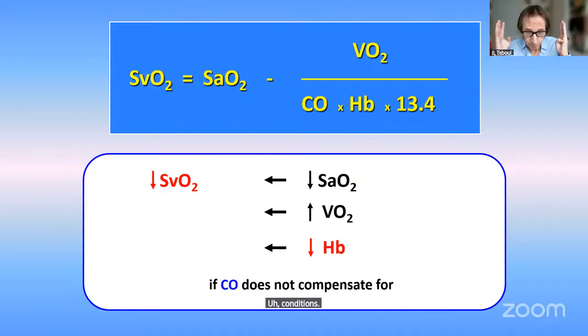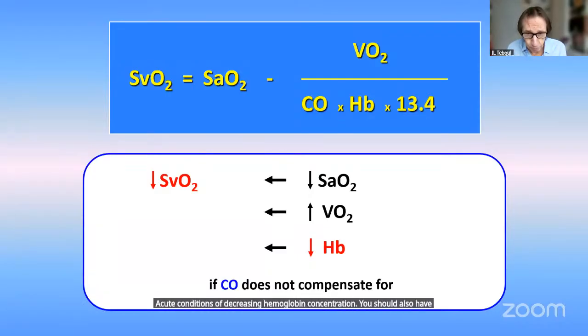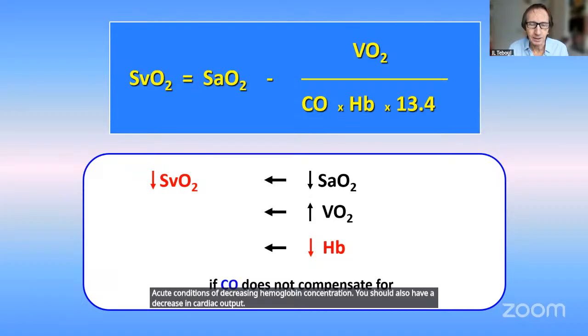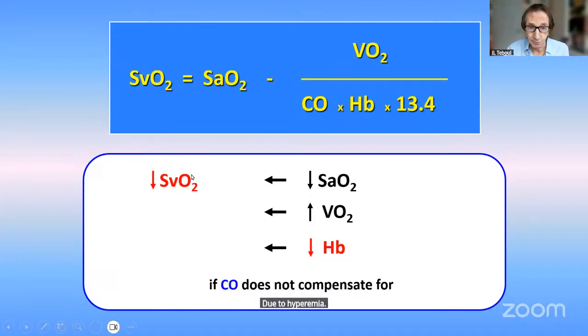But if you have a hemorrhage, an acute decrease in hemoglobin concentration, you should also have a decrease in cardiac output due to hypovolemia, and therefore SVO2 can be profoundly decreased.